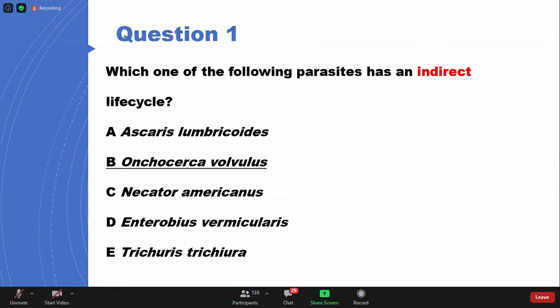Or why you and not C. Yeah, all of them have a direct life cycle, and the human is the definitive host. But Onchocerca volvulus has an indirect life cycle, where I think the definitive host is the black fly or the intermediate. Good.